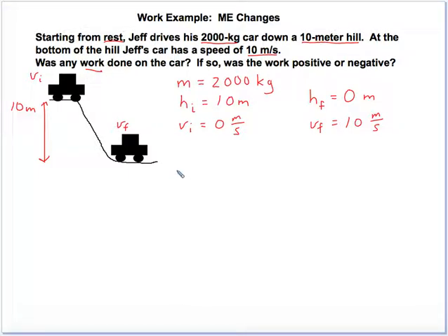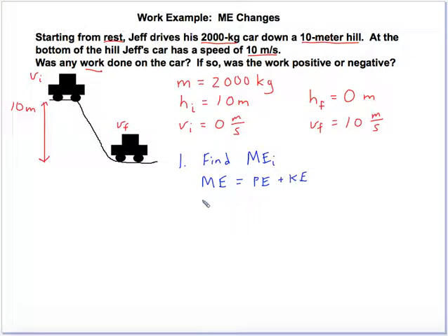So, step one, what we want to do is find the mechanical energy at the top, or the initial mechanical energy. Remember that mechanical energy is potential energy plus kinetic energy.